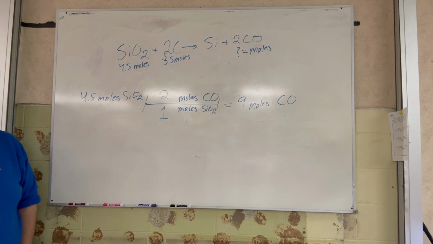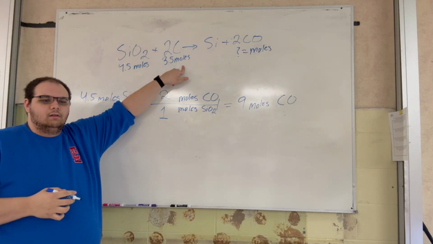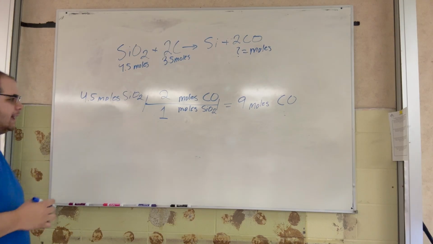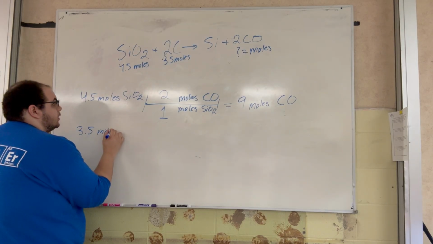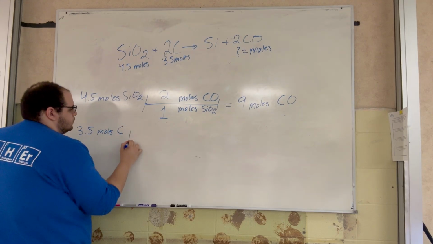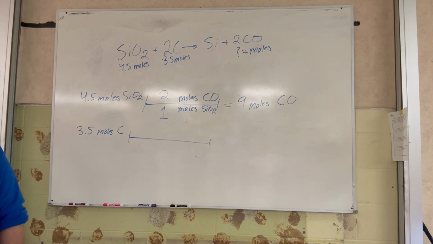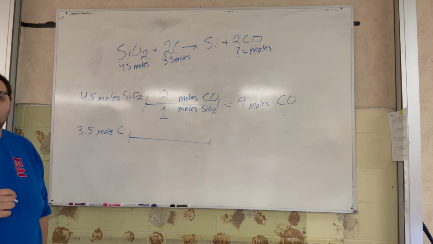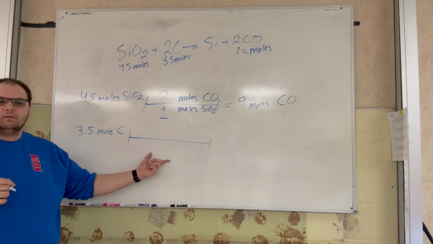Now we need to do that exact same thing, but with this guy. So now we're going to have 3.5 moles in a new grid, carbon. If I have moles of carbon here, what am I going to have down here?